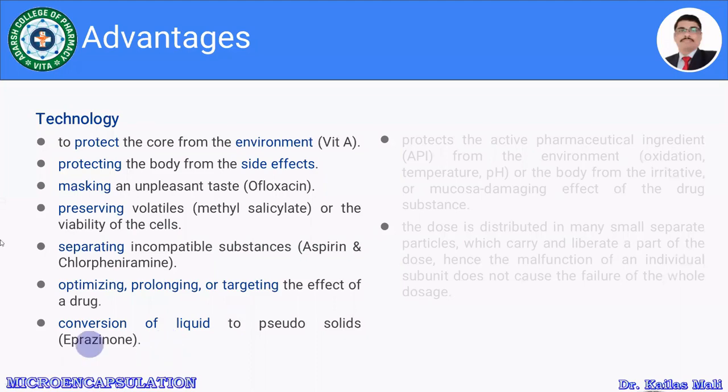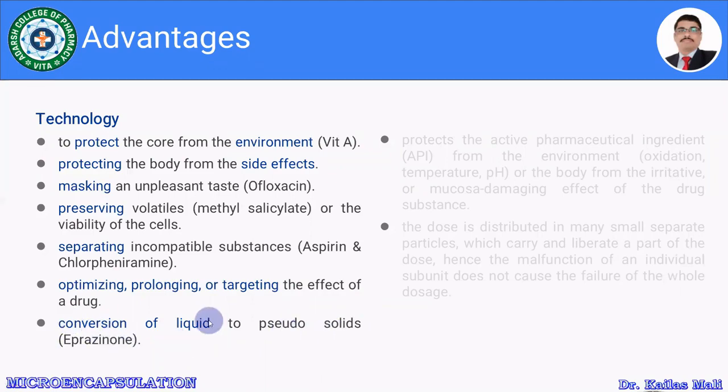So in all, the technology related advantages are: it is going to protect the core from the environment, for example vitamin A; protecting the body from side effects; masking the unpleasant taste, for example ofloxacin; preserving volatiles like methyl salicylate or the viability of the cells; separating incompatible substances like aspirin and chlorpheniramine; optimizing, prolonging, or targeting the effect of a drug; conversion of liquid to pseudosolids like prazinone.